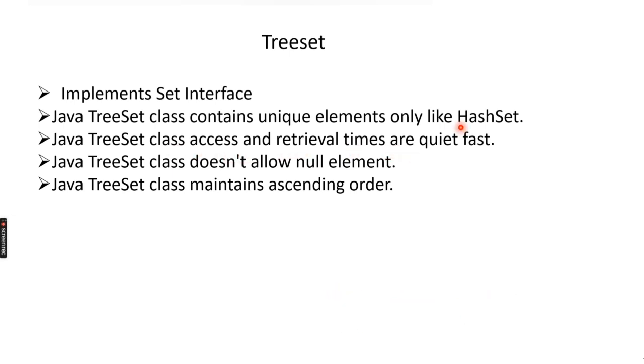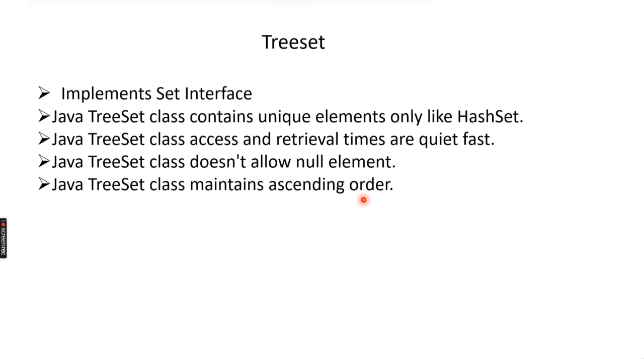So when you need to store the values in ascending order and you want faster access and retrieval of elements, you can use TreeSet. The TreeSet class doesn't allow null elements. Null elements cannot be stored inside a TreeSet, but in HashSet and LinkedHashSet we can store the null element. And TreeSet maintains the ascending order, which is the natural order.